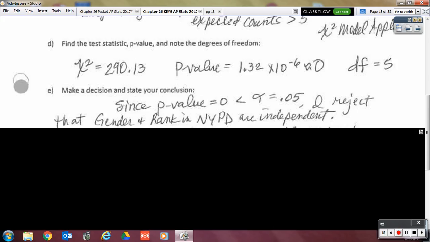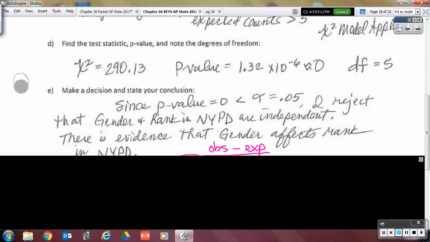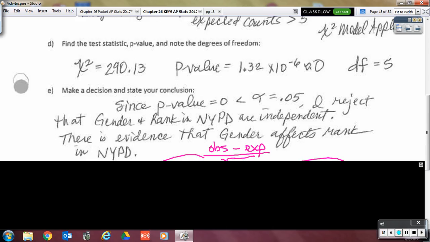But I reworded it so it made a little more common sense. There is evidence that gender affects the rank in the NYPD. That's what it means to be not independent. They are affecting each other. The gender is affecting the rank.